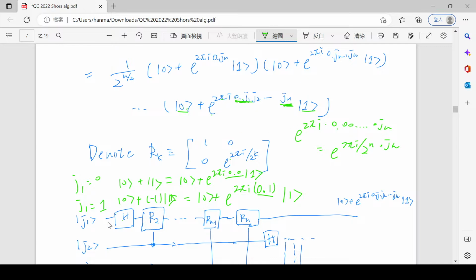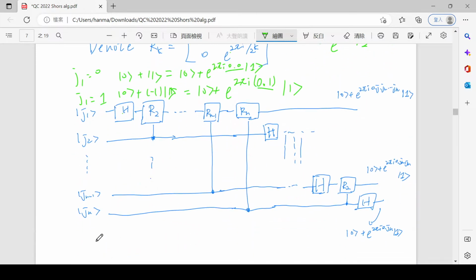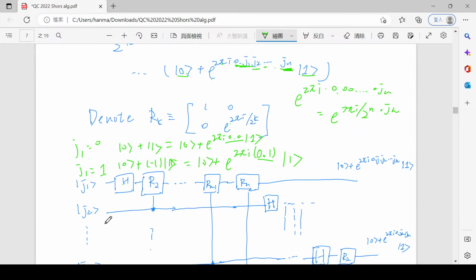And then you want to add all the other bits together. Now you have 0.0J2, 0.00J3, and so on to 0.0000Jn. And that's why you do those controlled rotations from other qubits.